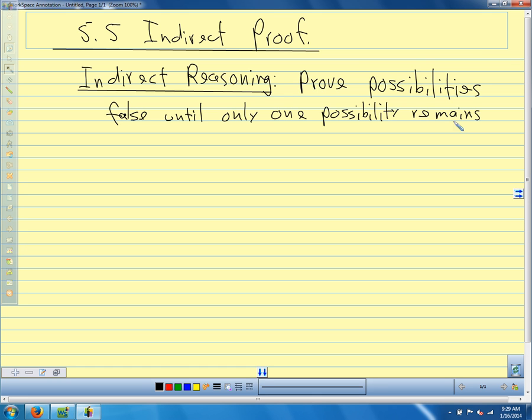Now to contrast that with direct reasoning, which is what we've been doing mostly so far in geometry, in direct reasoning, we start with something that we know is true, and then we link true things one after the next. So we say, if this is true, this has to be true.